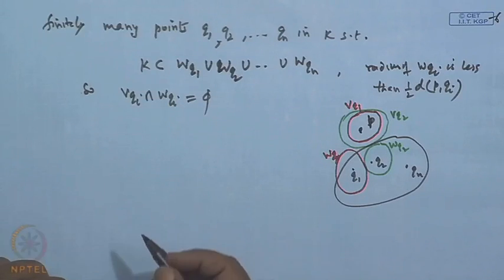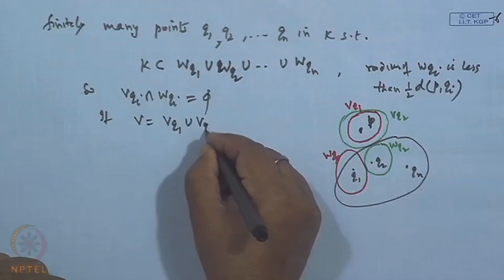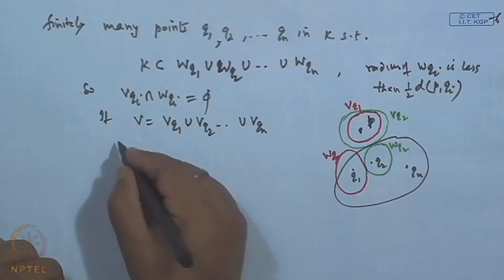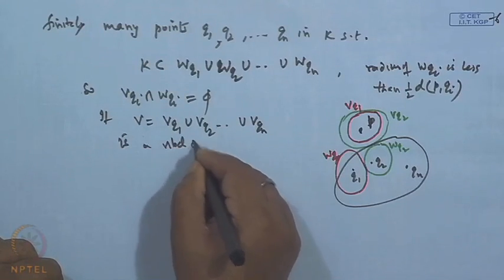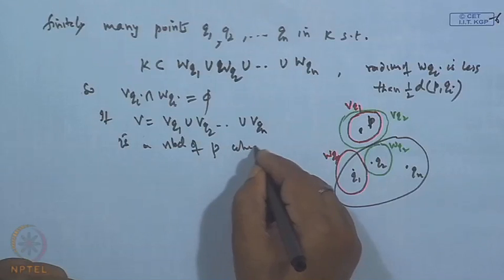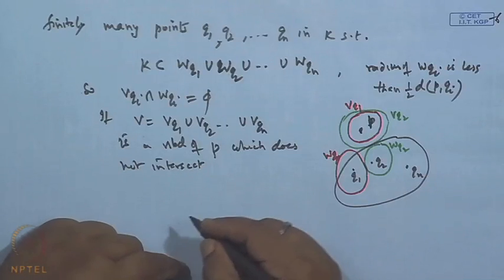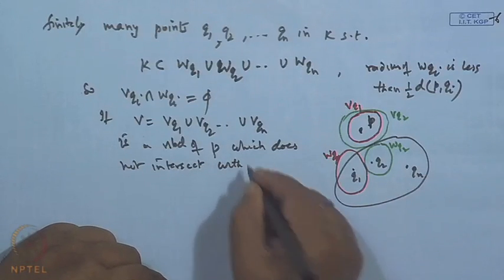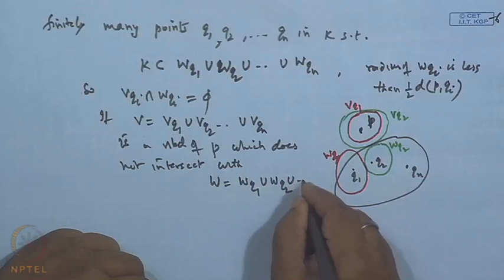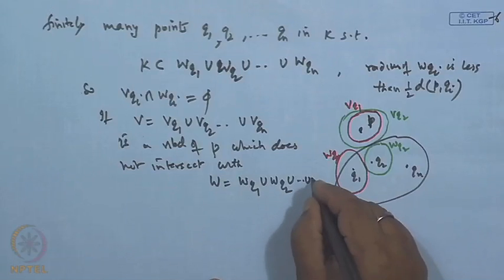So, if we take V as the finite union of V q 1, V q 2, up to V q n, then this is a neighborhood of P, and this neighborhood does not intersect W, which means W q 1 union W q 2 union up to W q n.